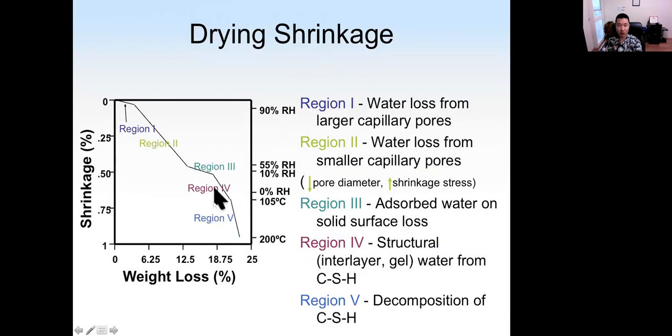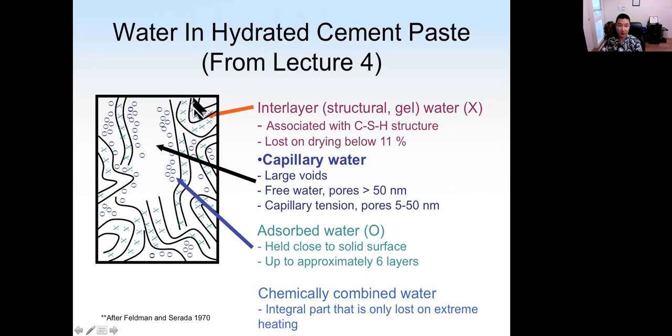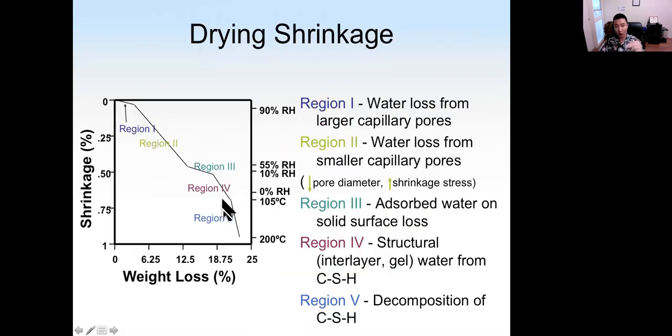And region 4 is between 10% RH to 105 degrees Celsius. Okay, so that is loss of water from the gel water, which is here. Okay, the green cross, the interlayer water of the gel water between the CSH sheets. Okay. So loss of that water will cause shrinkage in region 4.